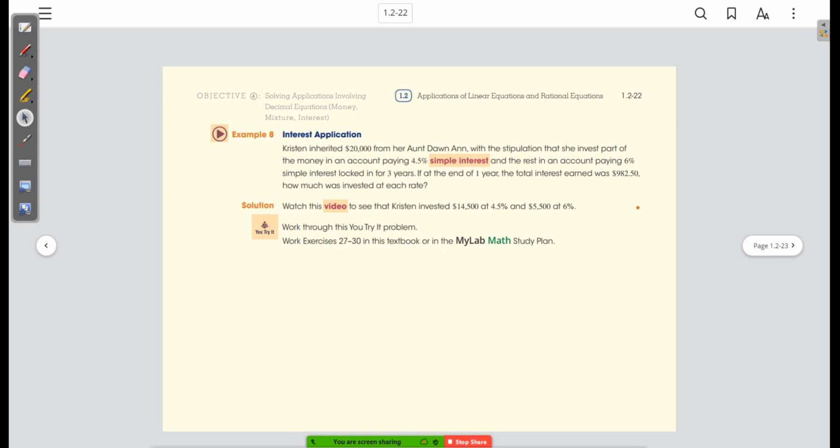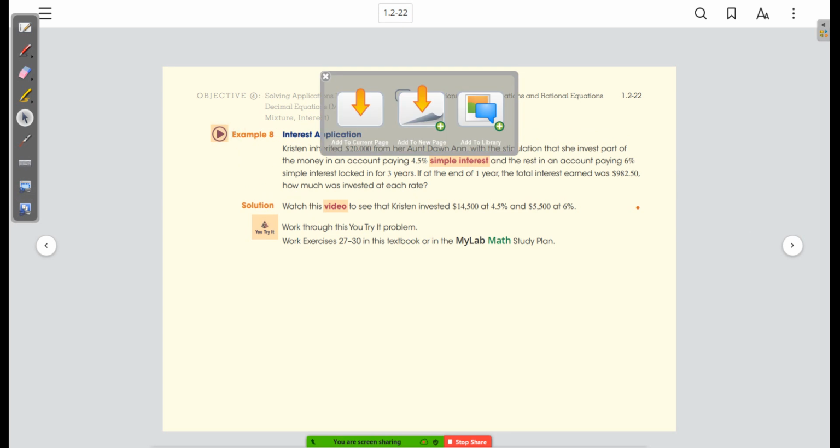Okay, simple interest. So this reads that Kristen inherited $20,000 from her aunt Dawn Ann. Well, that's nice.